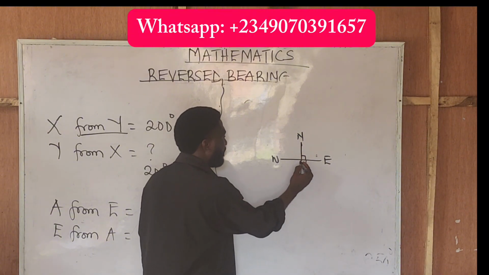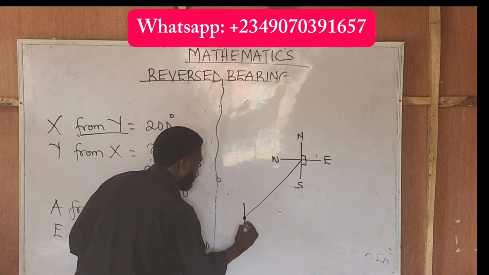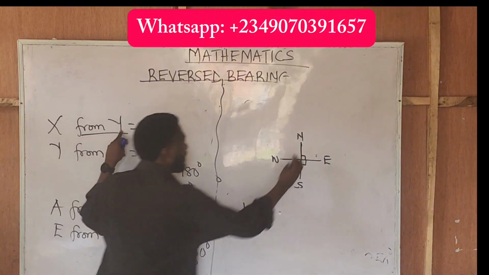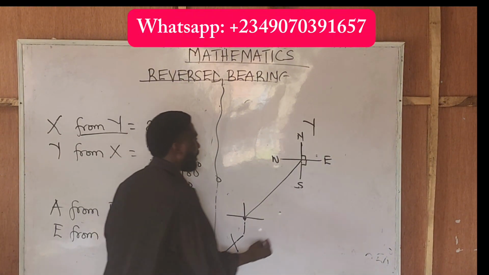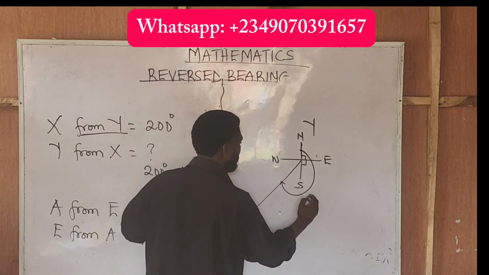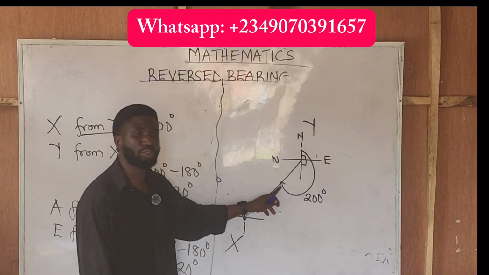So we are going to have it placed here. Get another point. If this now happens to be Y, there will give us X. We are told that the bearing from here to here is 200 degrees. So from here down to this side is 200 degrees.